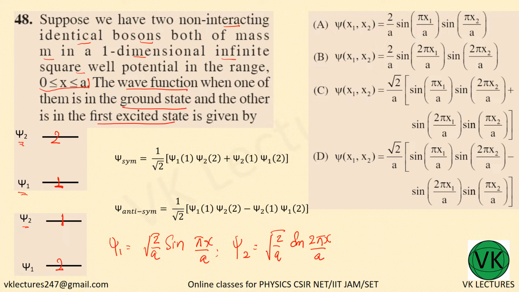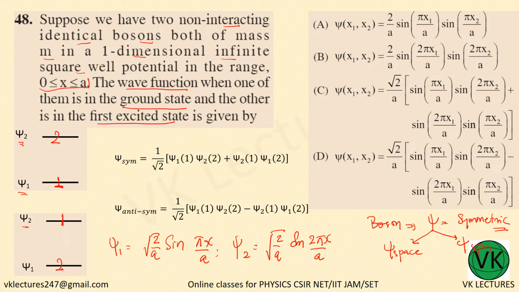Since bosons are present, the total psi must be symmetric. That means the wave function psi has two forms, either psi space or psi spin.